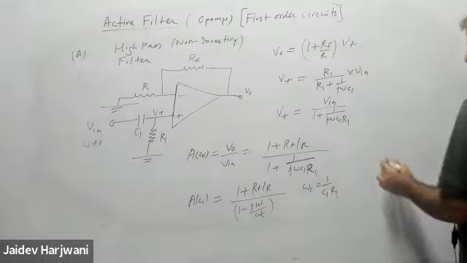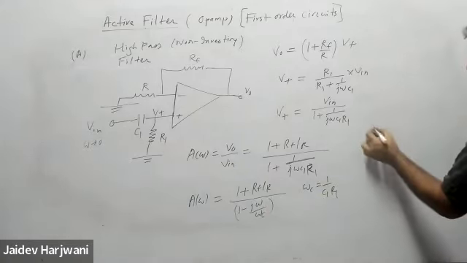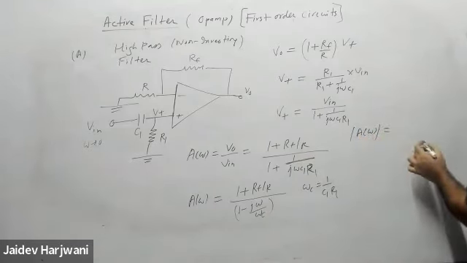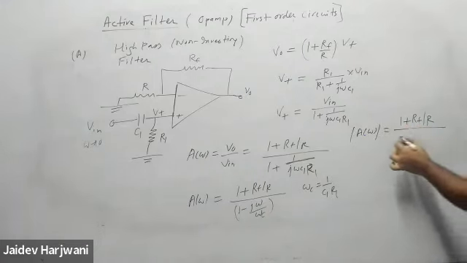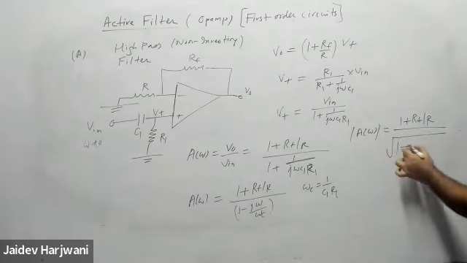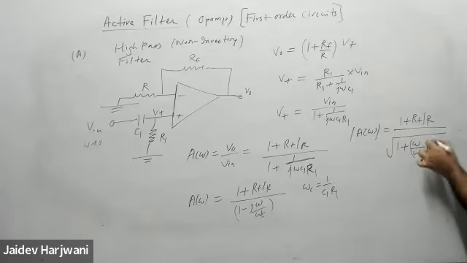So the expression for gain is now simple, this one. And the magnitude of gain will be 1 plus RF by R under root 1 plus omega C square upon omega square.